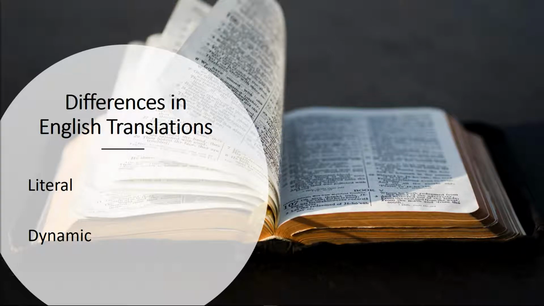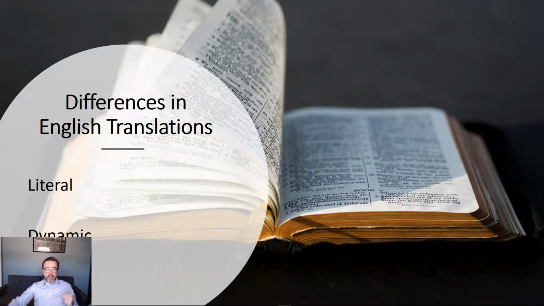If you break it down and think about a line, on the one side you've got a literal translation, which means that they take the Greek word and try to translate it into the English word that means the same thing.